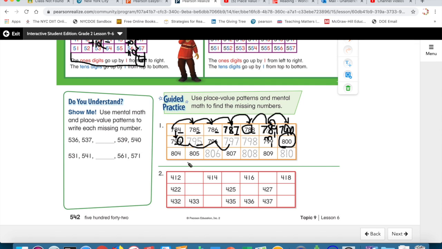Now, here's something interesting that happens. When we go from 794, why do you think my tens place goes from a 9 to a 0? Why do you think? Right, because when I add 110, look over here, if I have 794 and I add a 10 to here, this stays 4, this becomes how much? Right, 10 tens.